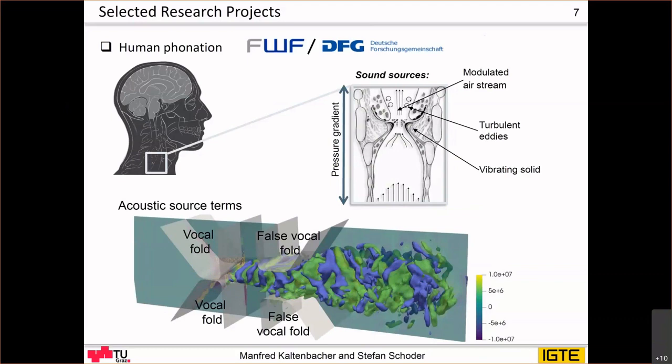We are interested when you, for example, have a polyp on one of the vocal folds, then you have an asymmetry, and it can happen that you have not full closure during each cycle, and that you already can hear this disease in the voice generation. And the question is, what is the best way to treat it? And for this, we should know how the source terms, how the flow, how the acoustics is changing according to such a disease.